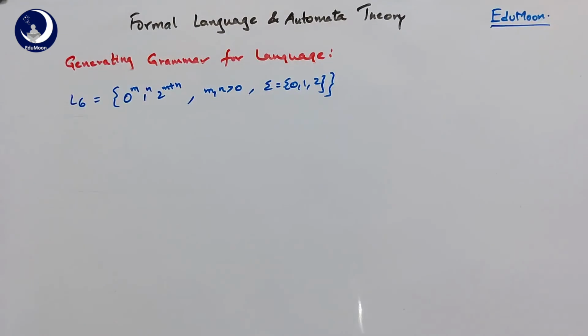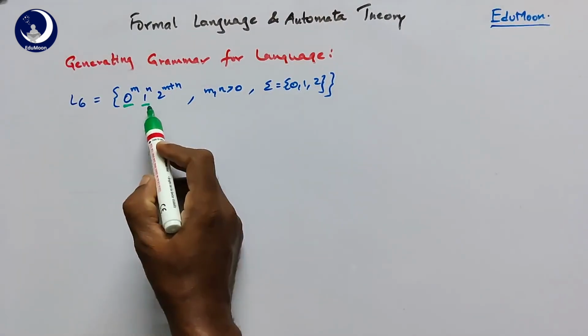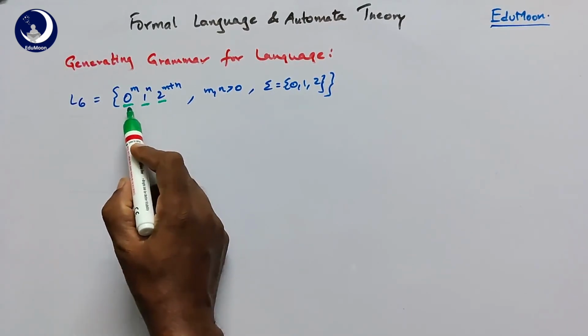So we take the last example for this class. The language L6 is equal to 0 power m, 1 power n and 2 power m plus n. The strings in this language have some number of zeros followed by any number of ones, and the number of 2's is equal to the sum of the number of zeros and ones.